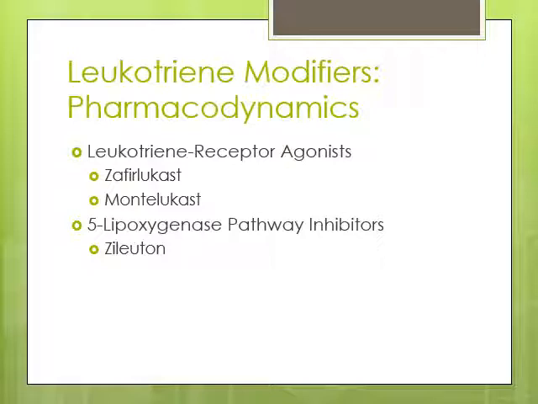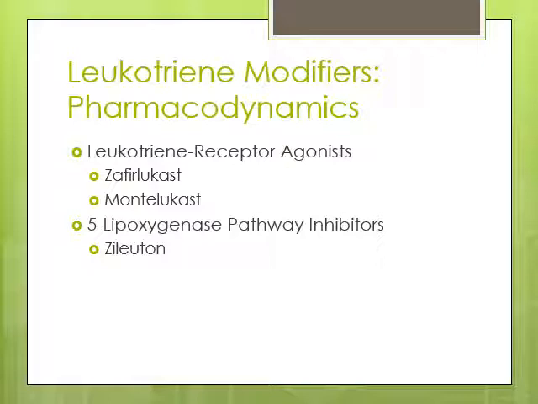the CysLT1 receptor, and so there's also evidence that cysteinyl leukotrienes contribute to the pathophysiology of asthma and allergy, and this also includes airway edema, smooth muscle constriction, and cellular changes associated with the inflammatory process.